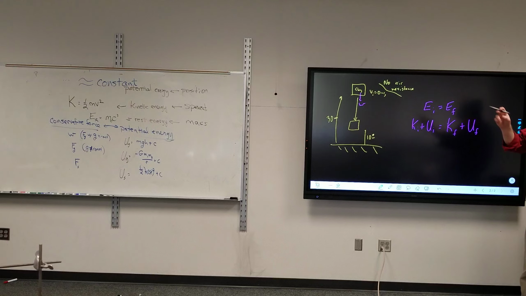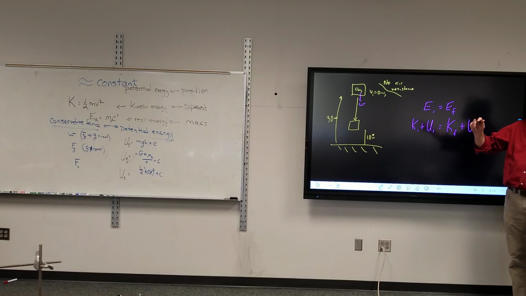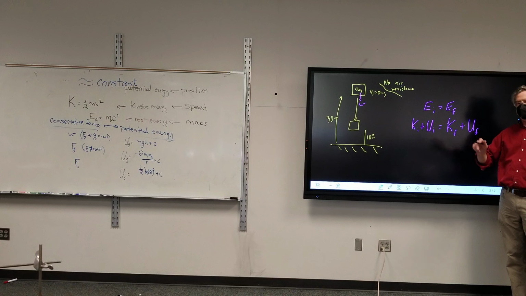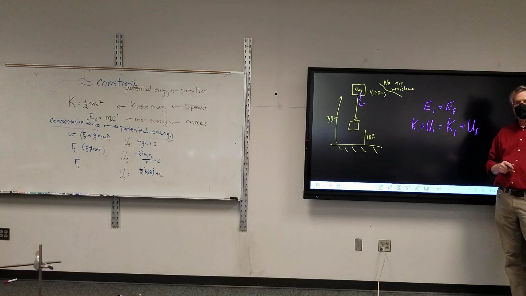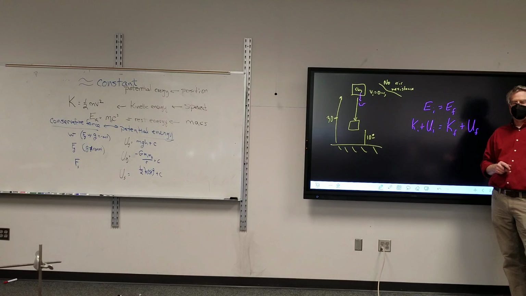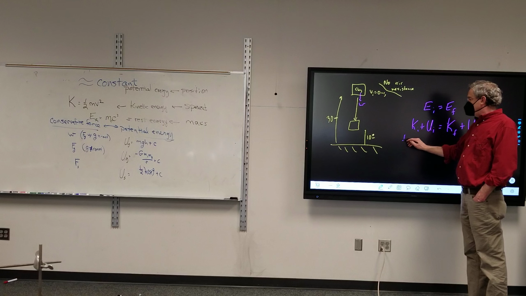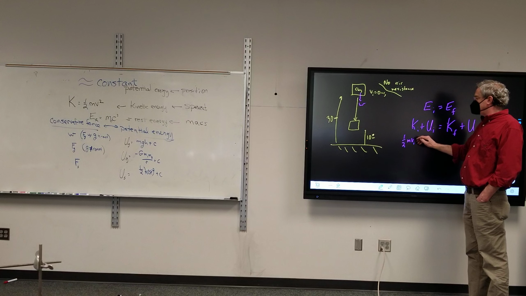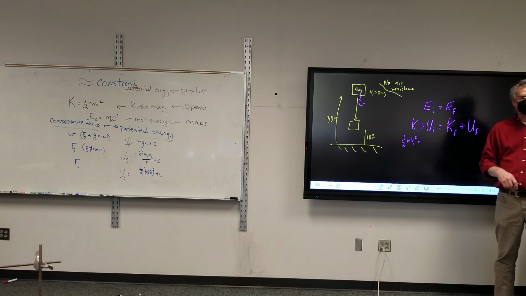Get ready, I'm going to ask that question again. What's the formula for kinetic energy? 1/2 mv squared. So I got 1/2 mv initial squared plus, what's the formula for potential energy?